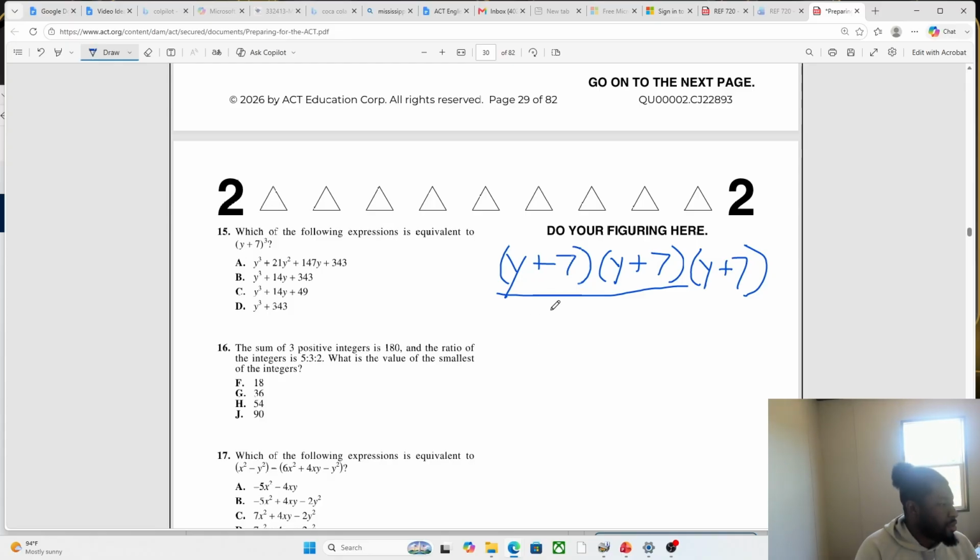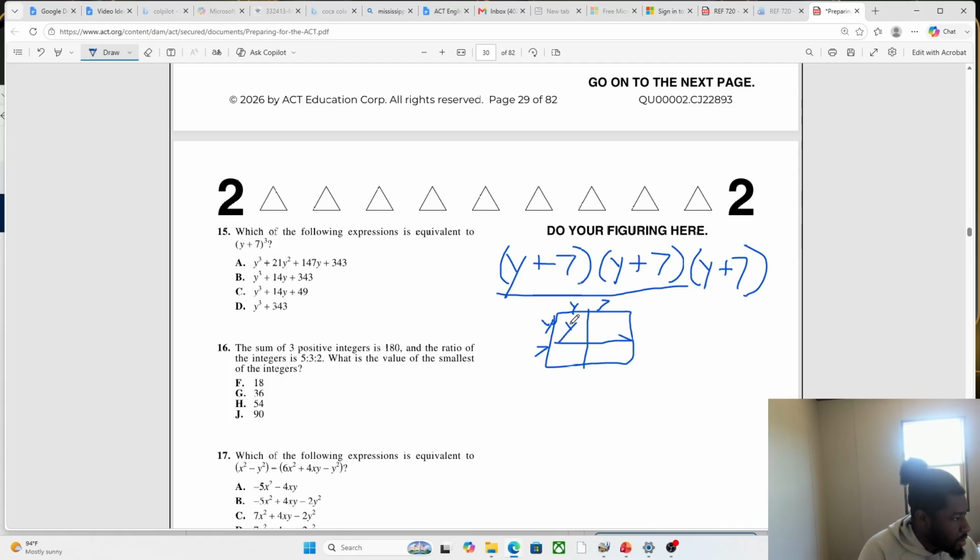Which one do I want to do? Most people know FOIL, but I like to teach the box method. The box method works for any size polynomial. All right, so we've got y plus 7, y plus 7.